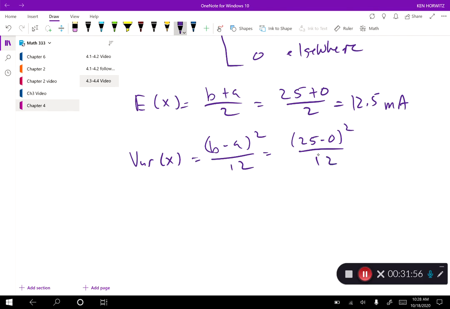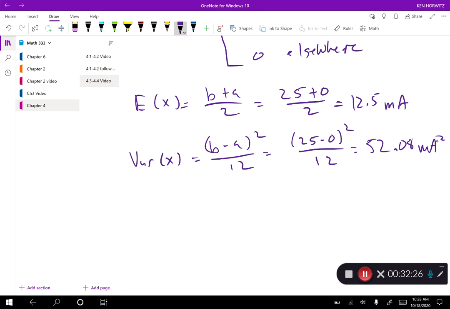So take a minute, put this into your calculator, and then we'll see what we get. All right, hopefully by now you have put it into your calculator. I got 52.08. Now, since my numerator was squared, and that's where my units were, my units are also going to be squared.